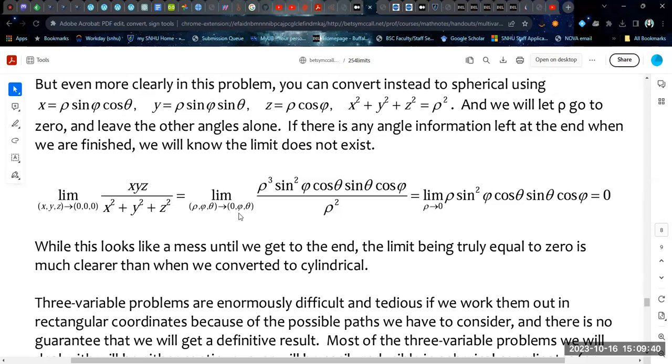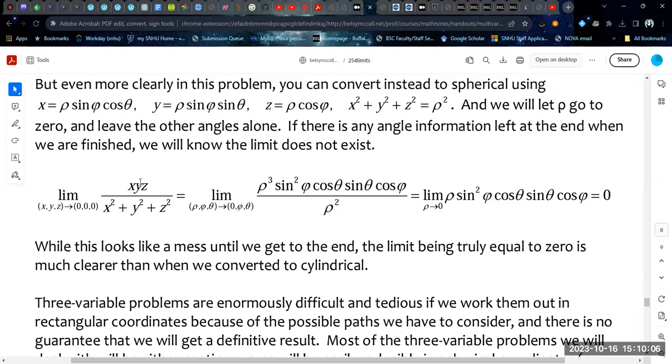And so again, phi and theta, if they're left over, that's like having a theta left over in the 2D case. That means that the angles you're taking to the origin change the value of the limit. If there are no phis and thetas left over, then it doesn't matter, and the limit is always the same. And we get a similar effect here.